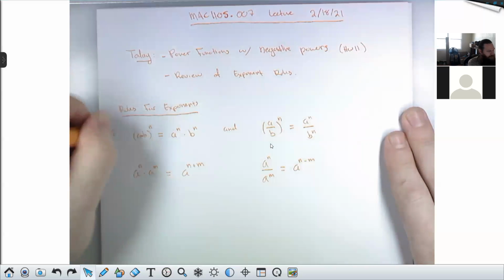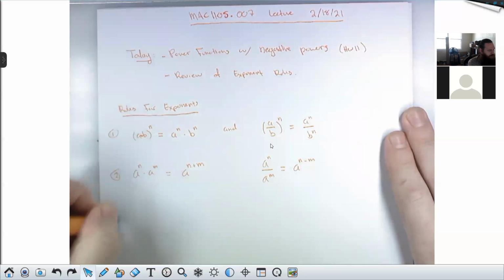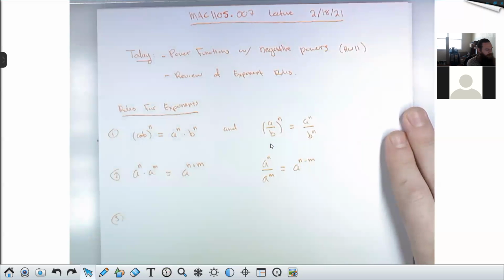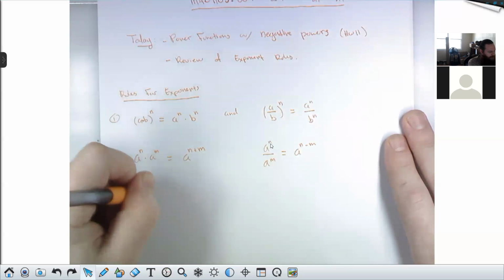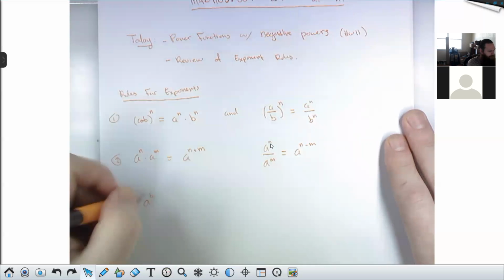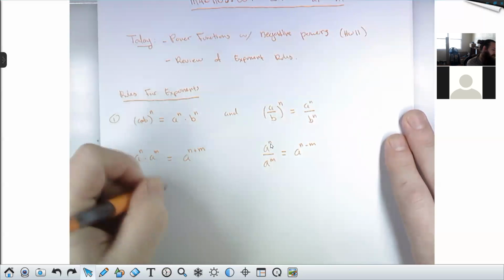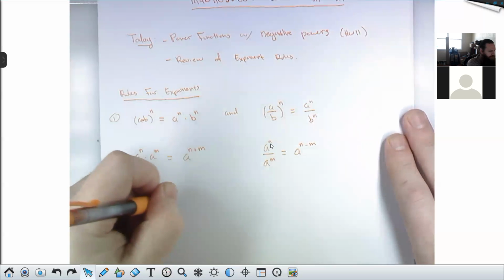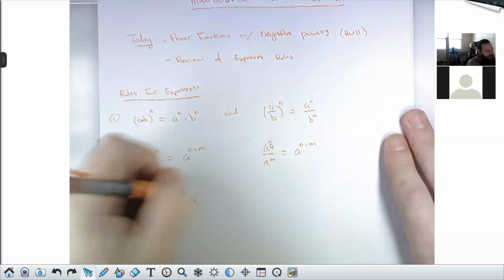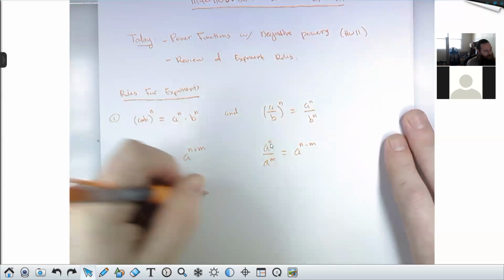Another rule that we're going to use a lot is that if you take a to the b and raise that whole thing to some other power n, this is the same as a to the n times b.